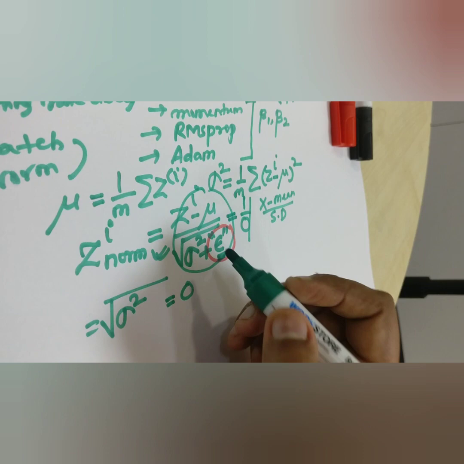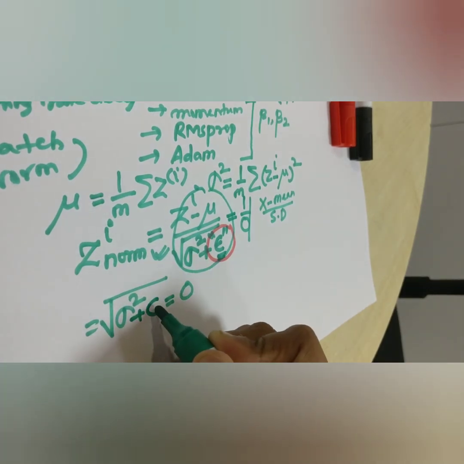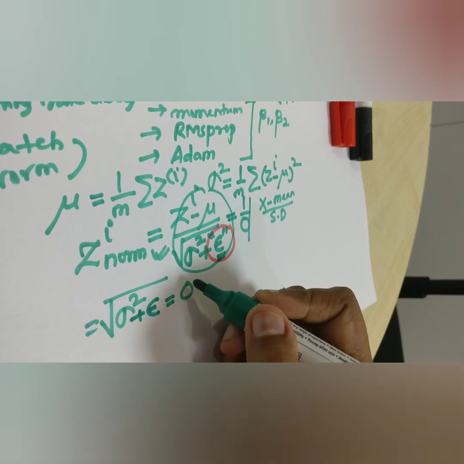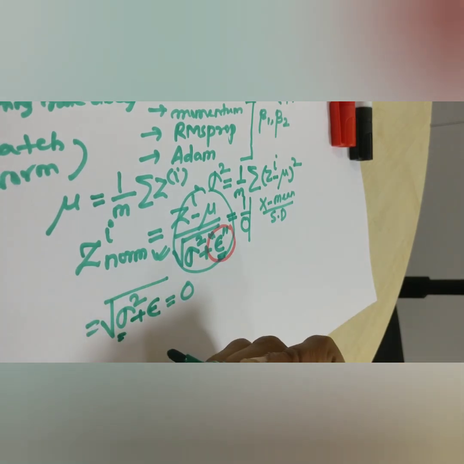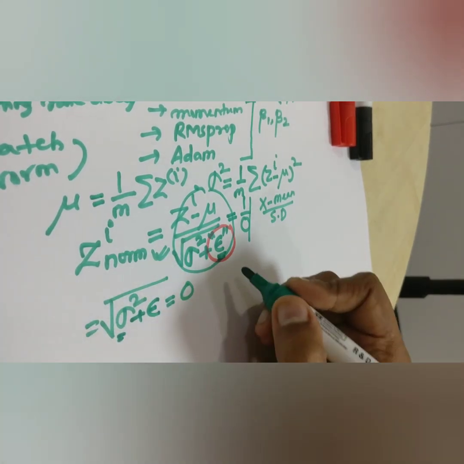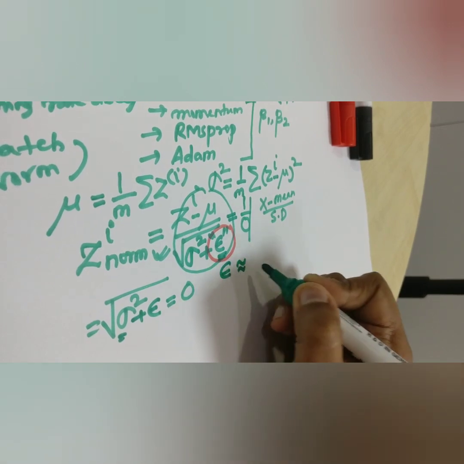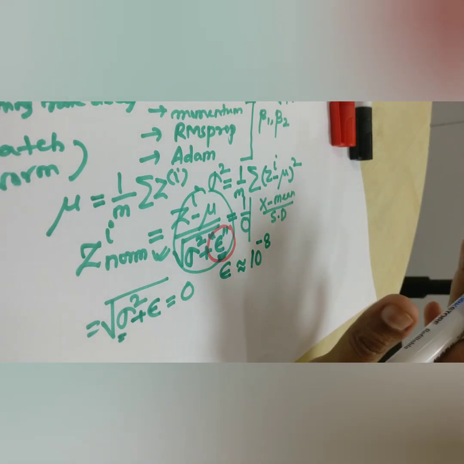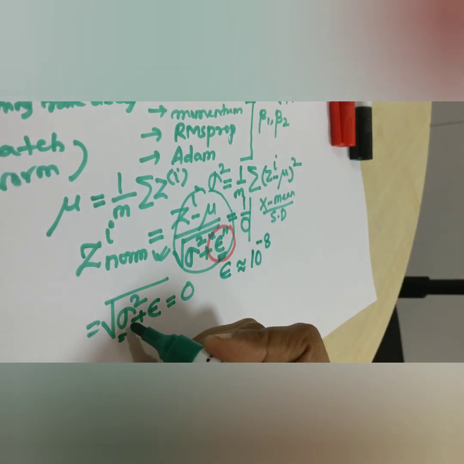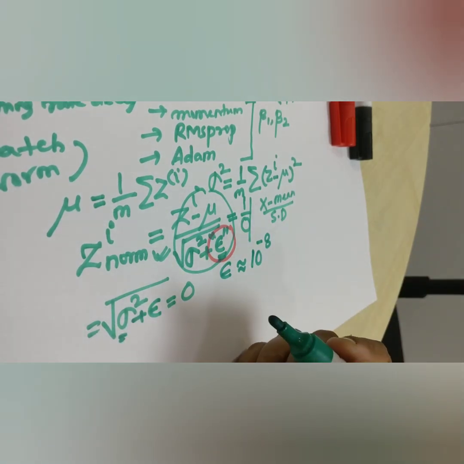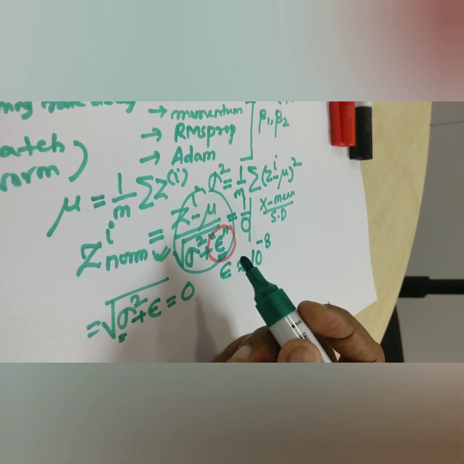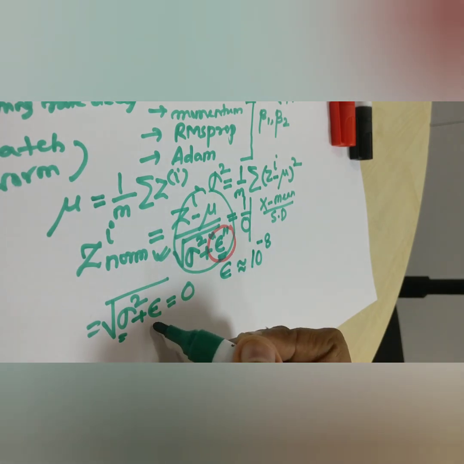So that is why we add a very small term, so that numerically we don't divide by 0 even if the variance is 0. This epsilon is somewhere close to 10 to the power of minus 8, a very small value, which doesn't make any impact when I add it, but technically I'm not dividing by 0, and that safeguards my algorithm. That is the main reason why we use this small epsilon.